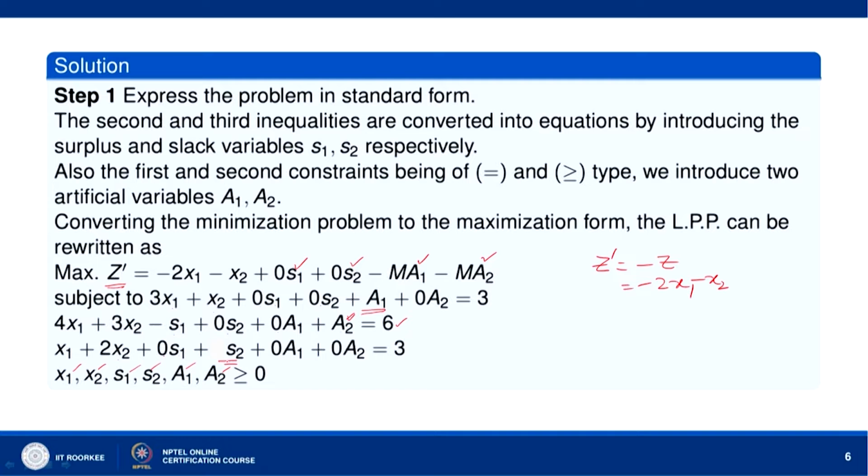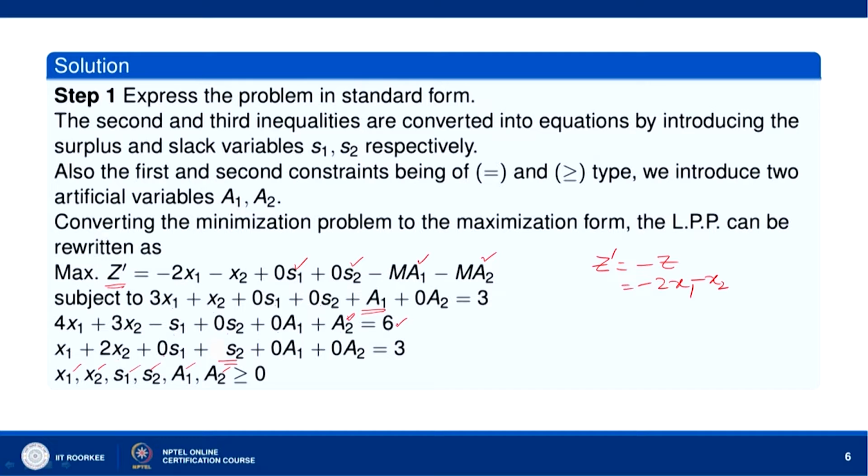Okay. So, thus we consider the corresponding maximization problem, where we have to maximize z dash equal to minus 2 x1 minus x2 plus 0 s1 plus 0 s2 minus m a1 minus m a2, subject to these three equations, where the variables x1, x2, s1, s2, a1, a2 are all greater than or equal to 0.